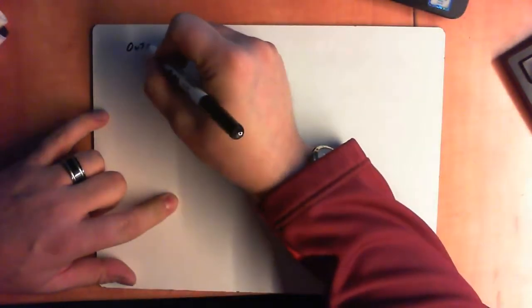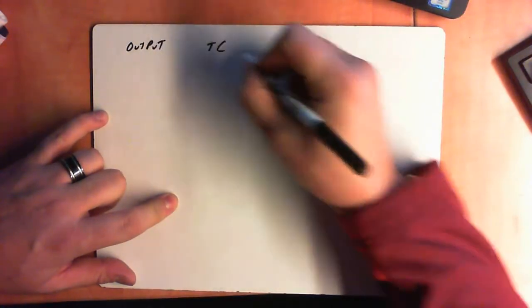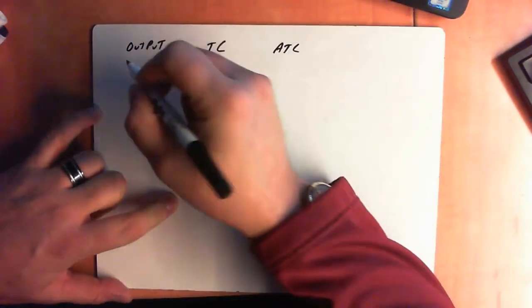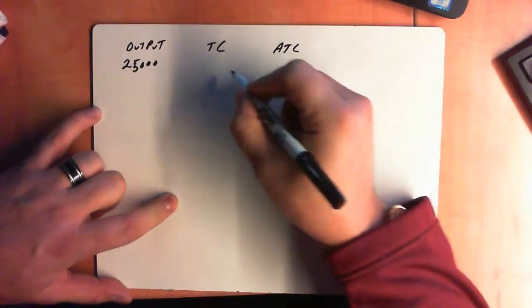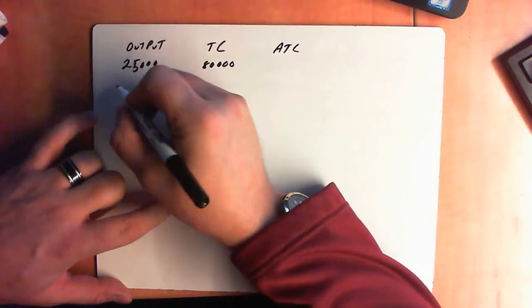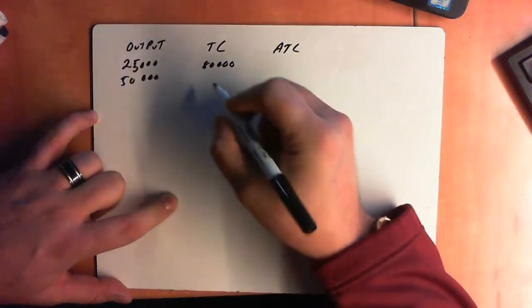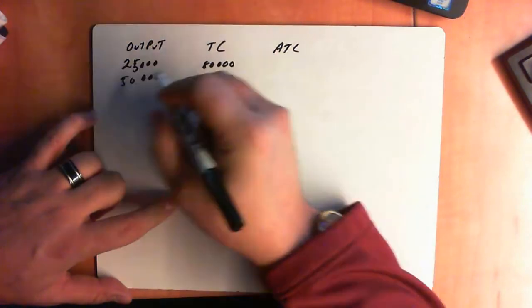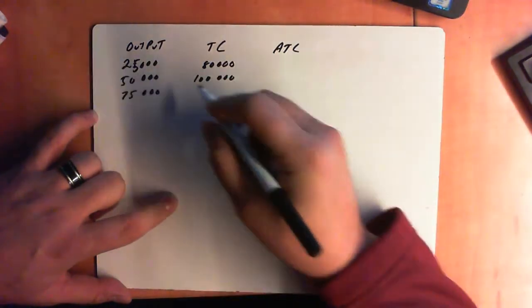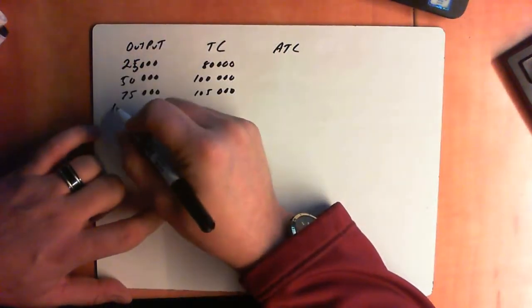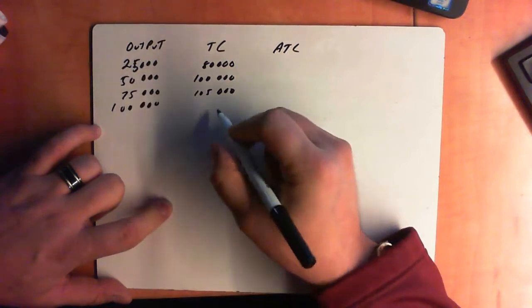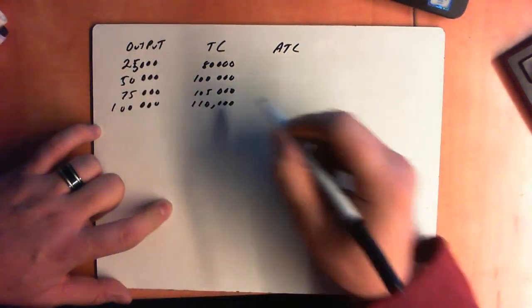The next question you'll see is very similar. It's going to give you some information here. There's going to be some output, some total cost, and then an average total cost. For an output level of 25,000, you have some total cost. And again, 50,000 in this instance gives you $100,000 in total cost. $75,000 in output gives you $105,000 in total cost, and $100,000 in output gives you $110,000 in total cost.